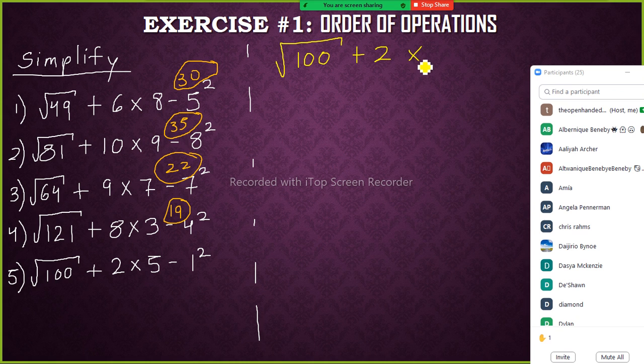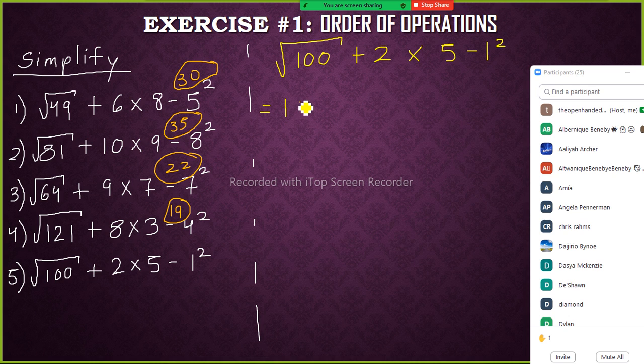Oh, I like this. It's a bright yellow. Minus 1 squared is going to be equal to, what's the square root of 100? That's yellow. Yeah, that's yellow. How does it look on your screen? It looks red? Oh, wow. It's 10. Very good.